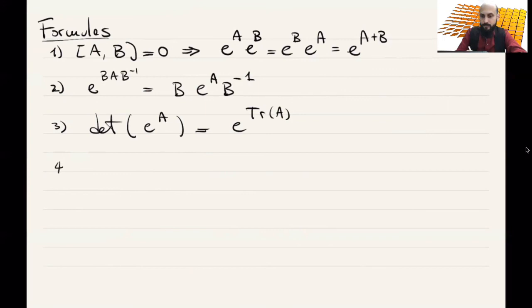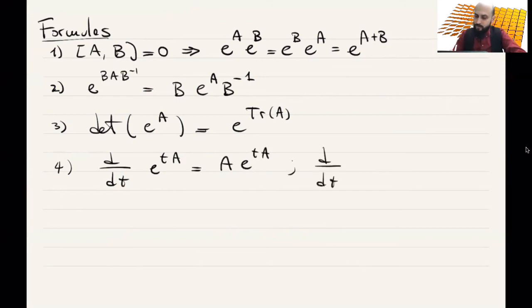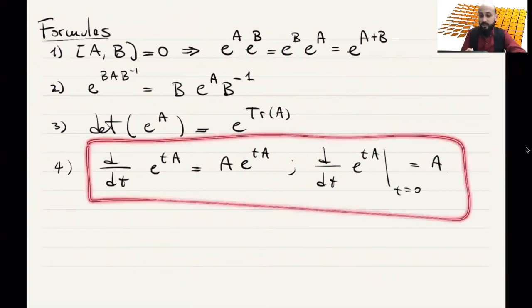And if you take the derivative of the curve e to the ta as a function of t, then you have a times e to the ta. And in particular, if you evaluate at 0, then you have a.